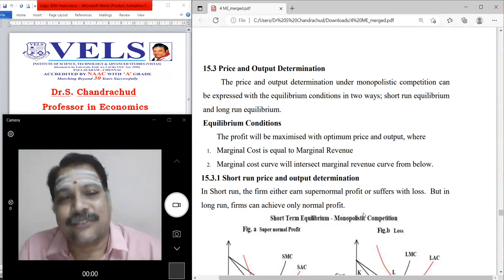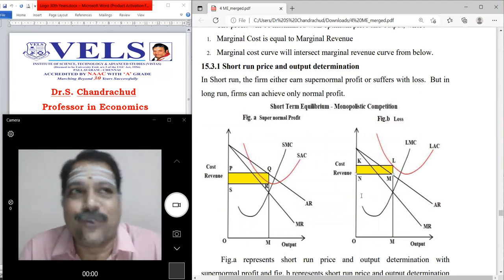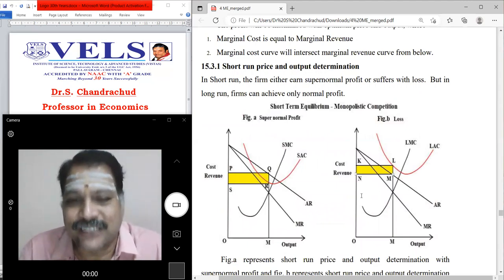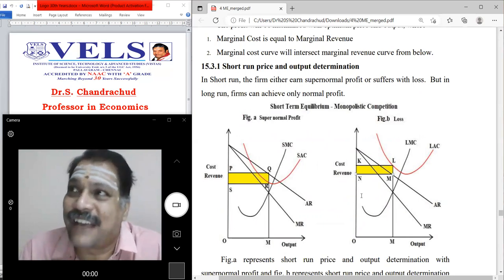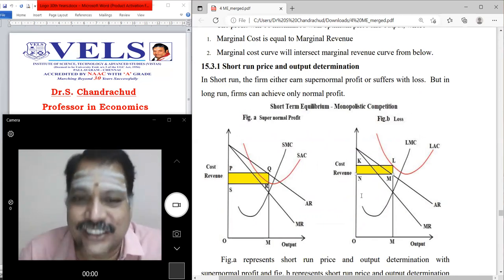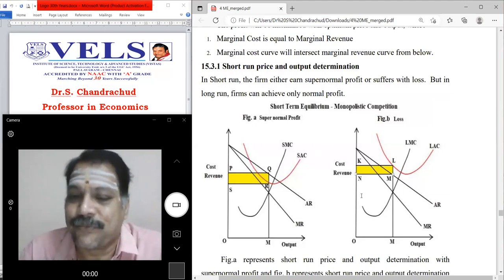So when there is a price and output determination, we use 4 different curves, 2 from the average side and 2 from the marginal side. From the average side, they are the average revenue curve and the average cost curve. In the case of marginal, they are the marginal revenue curve and the marginal cost curve.